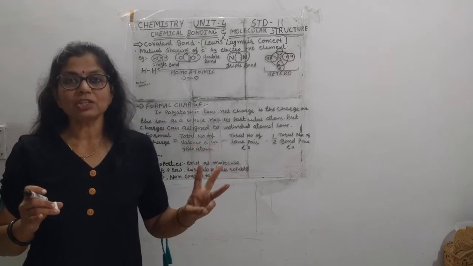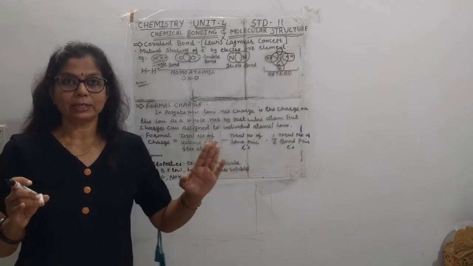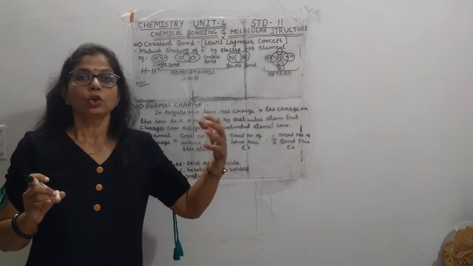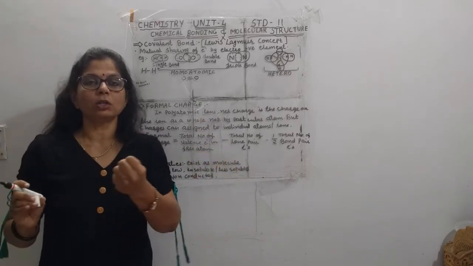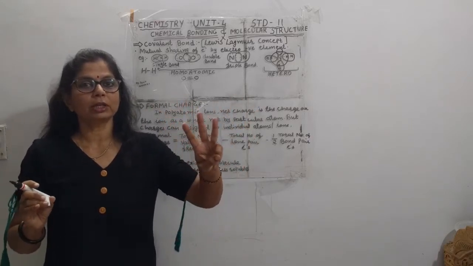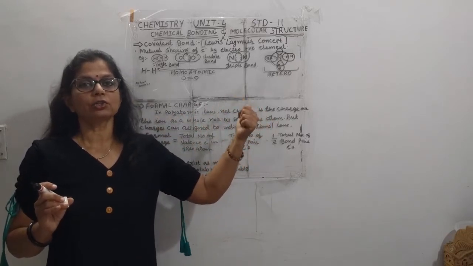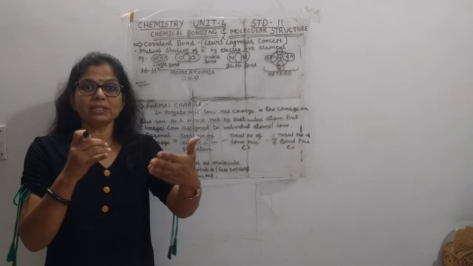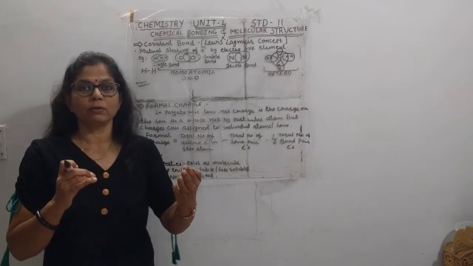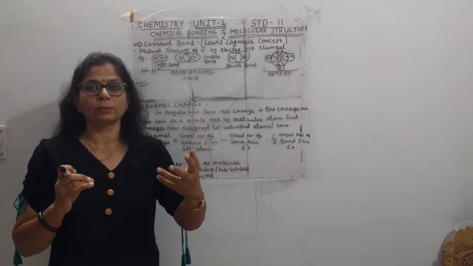But more than 3 sharing is not possible, as you know. In the same way, donating and accepting of 1 to 3 electrons is possible. Same way 3 electrons, 3 bonds, meaning a triple bond, is only possible. We cannot say a quadruple bond.